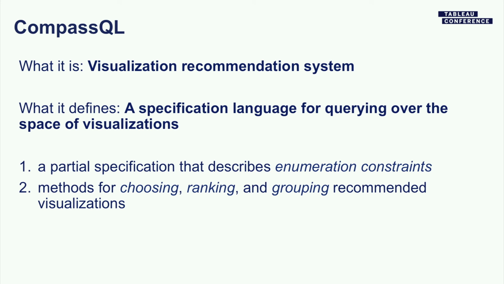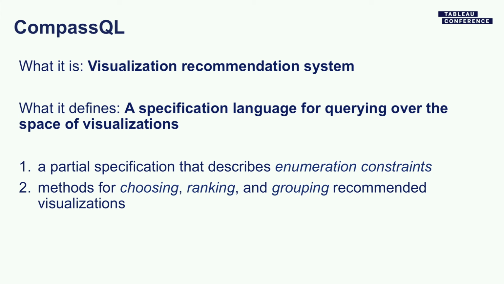And the basic idea is that they have this specification language that allows them to query over the space of visualizations. And what that means is they've got the ability to specify constraints on how they enumerate the possibilities, and then they've got methods for choosing, ranking, and grouping those recommended visualizations.